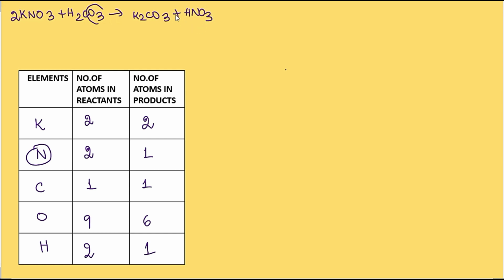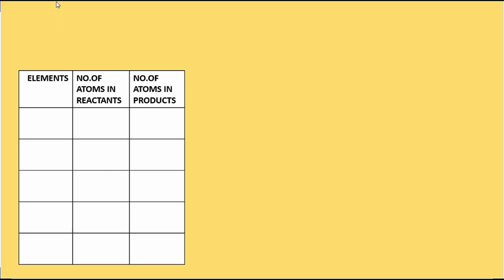So the updated equation will be 2 KNO3 plus H2CO3 gives K2CO3 plus 2HNO3.